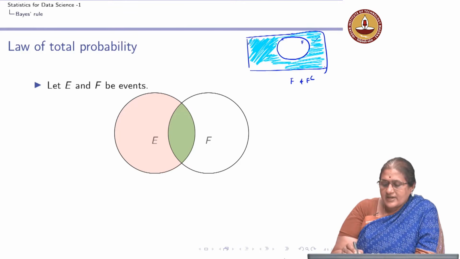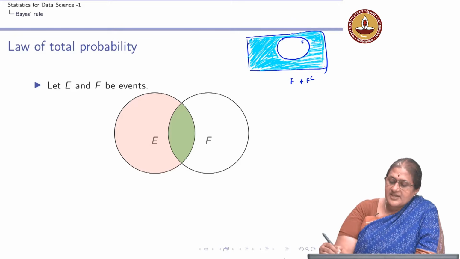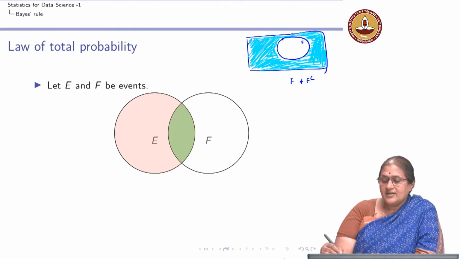Now, let us look at another event E that is happening, but the way this event E is happening is that I have information that event F has occurred. When I talk of this event F, I know that they are mutually exclusive, in the sense that F can occur or F complement can occur.